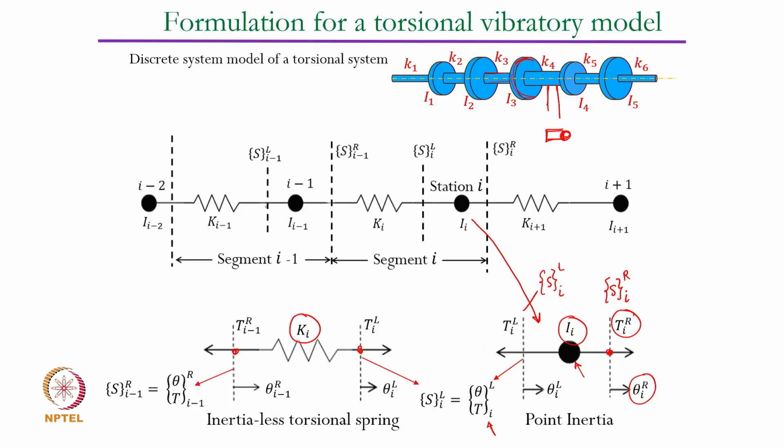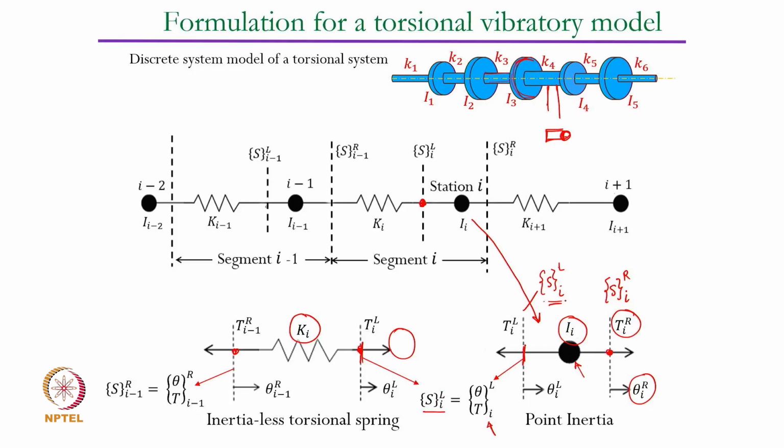So this state vector is on the left of the ith station, because here comes the mass. This state vector and this state vector are actually identical. I mean, it represents the state vector at this location, and that is SLi, and this state vector is also SLi.